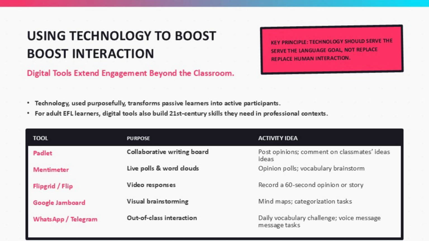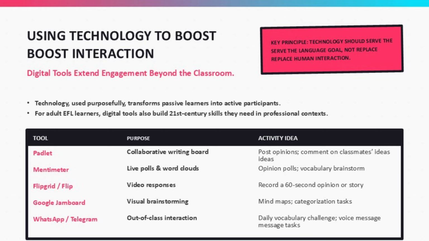We have Padlet and Mentimeter, Flipgrid, Google Jamboard, and WhatsApp and Telegram. So, Padlet, what do we use it for? Collaborative learning, collaborative writing. And Mentimeter is for live polls and for vocabulary clouds, like opinion polls, for example, and vocabulary brainstorm.